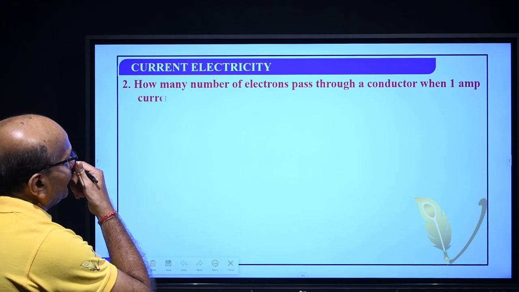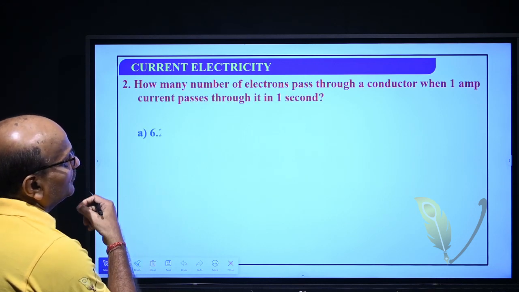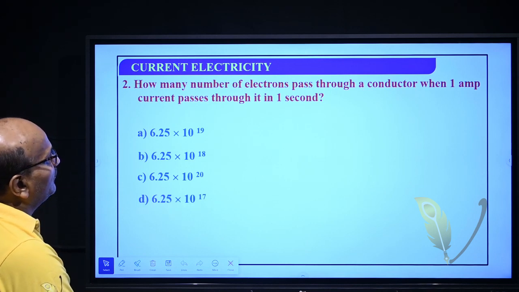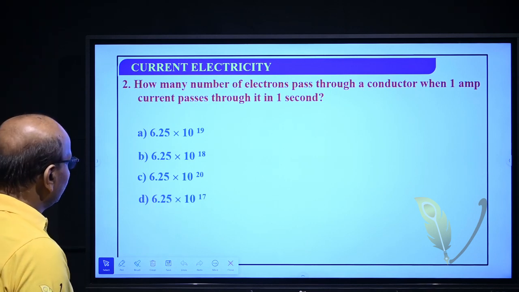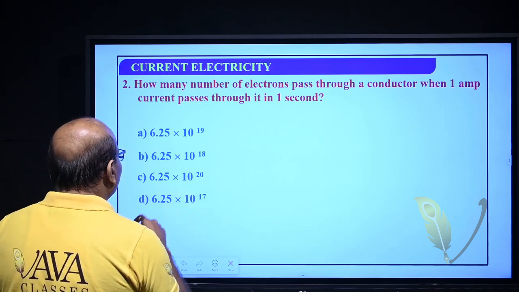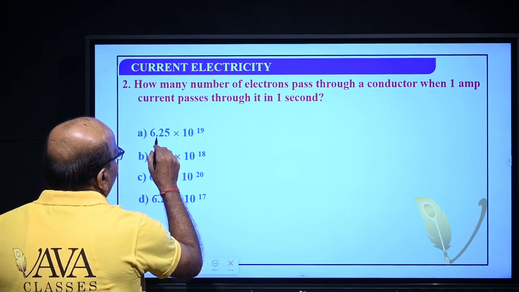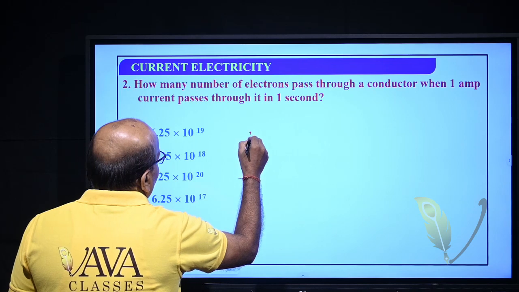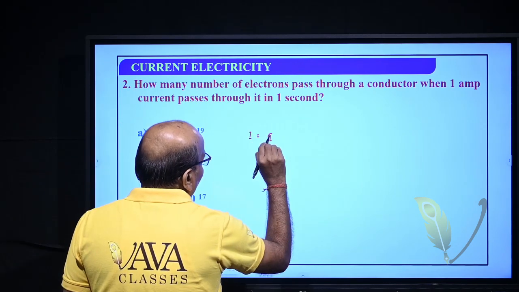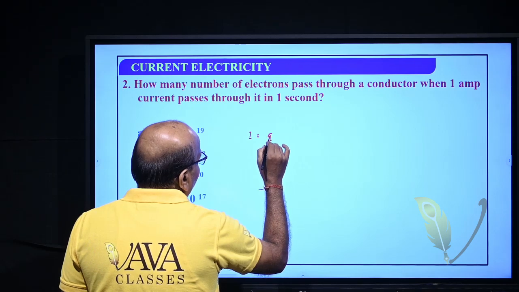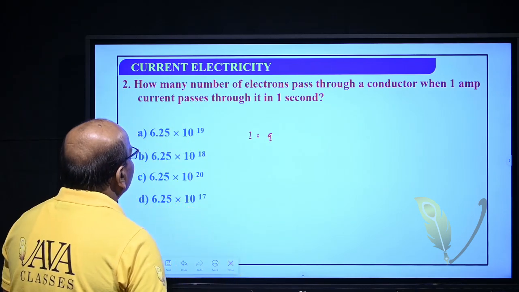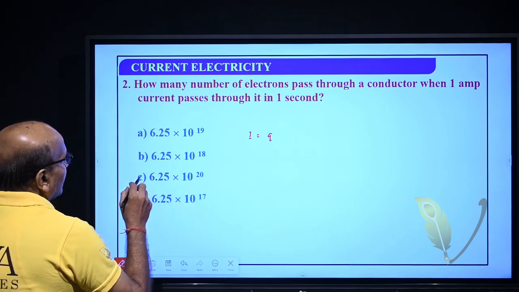How many electrons pass through a conductor when 1 ampere current passes through it in 1 second? I already discussed that the current will be 1 ampere when a charge flow of 1 coulomb occurs in 1 second. So 1 coulomb contains how many electrons?